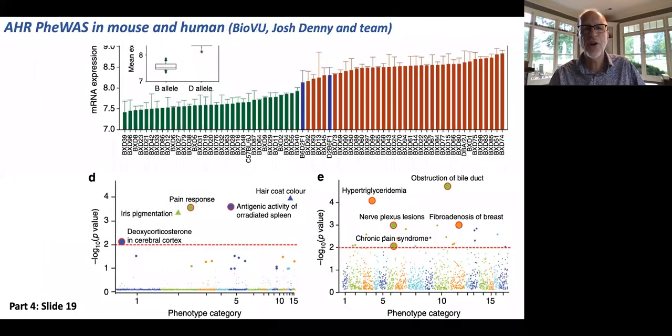This is the AHR that I already introduced you to, just showing the expression difference and some of the traits associated with that, with the mouse phenome-wide association over here on the left and the human PheWAS on the right. So this is a potentially powerful method, but you really have to have both mouse and human to get it to work, at least for our group, because of the LD problem.